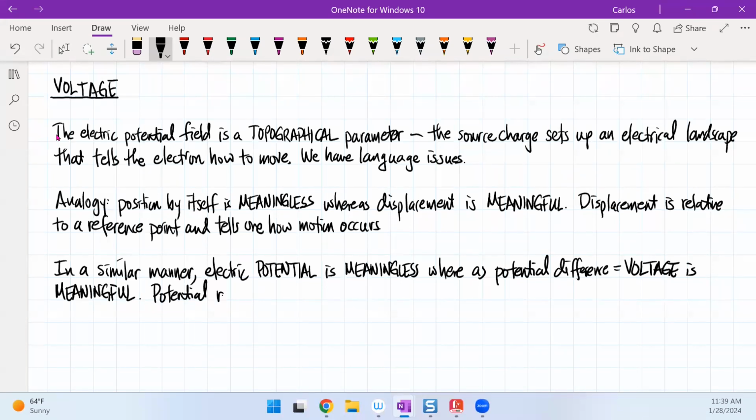Potential represents an electrical height.